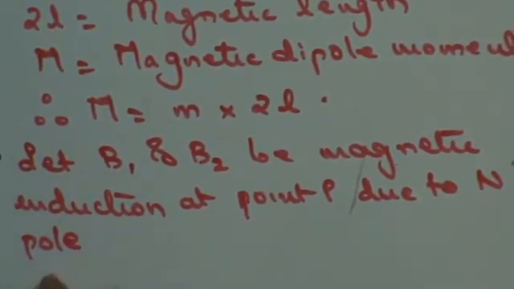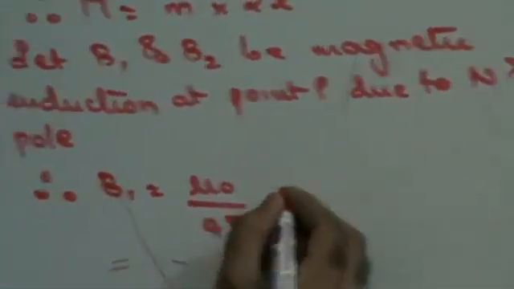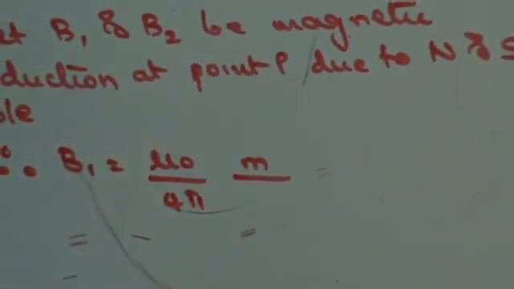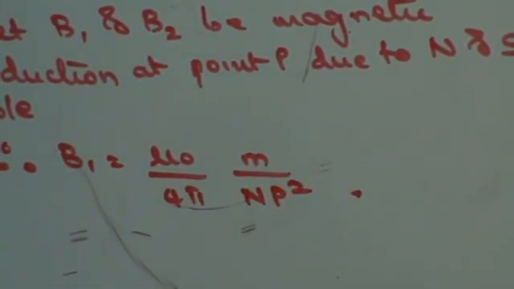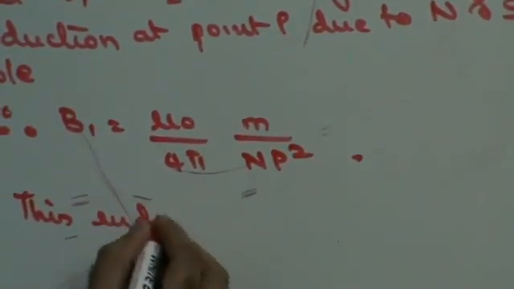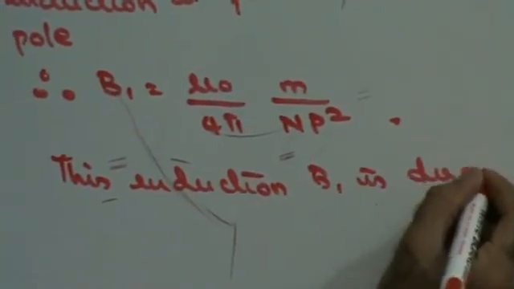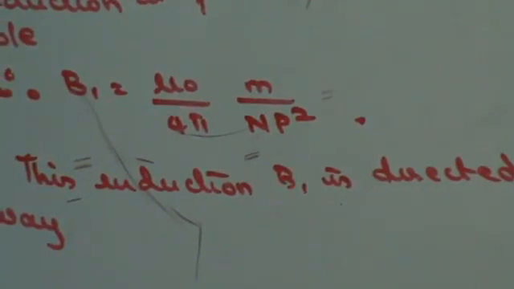Now, in that case, I could say that B1 is mu 0 upon 4 pi, m upon NP square. The distance is NP square. Now let's assume that this induction B1 is directed away from the north pole.